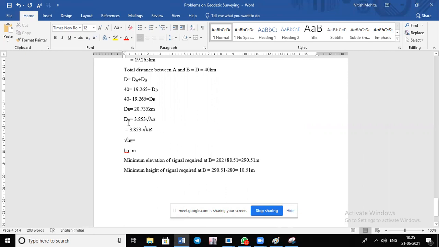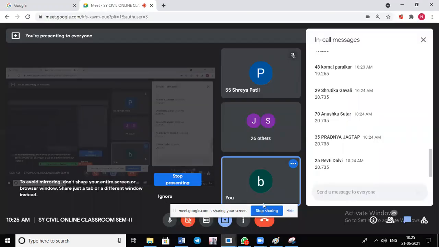Just substitute the value of dB here, it is 20.735. How much is the value? Divided by 3.853 gives me 5.381. Yes, that is 20.735.